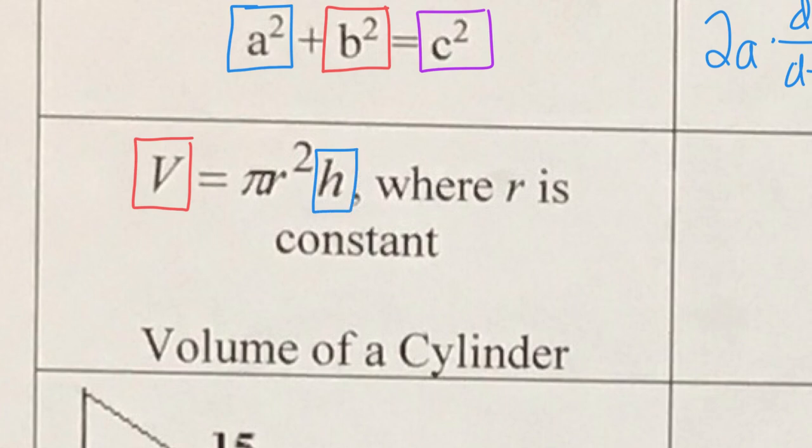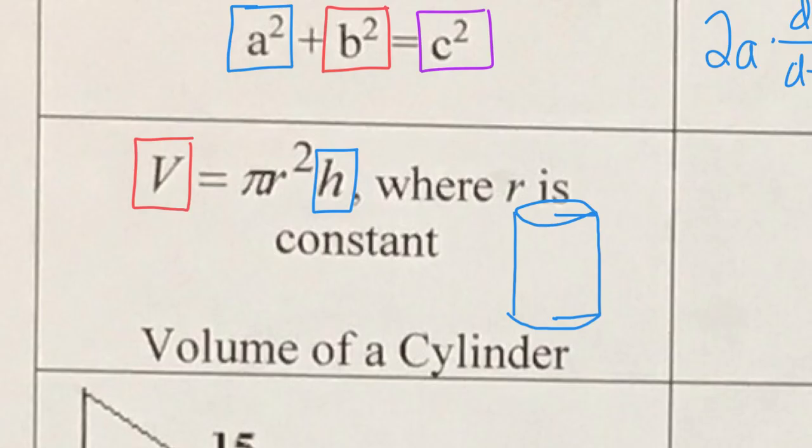A cylinder has a circular base and it has a circular top, right? So the thing that doesn't change is the radius. The radius is the same at the top as it is at the bottom, or it wouldn't be a cylinder. Okay, so radius is going to be constant. The radius of your cylinder is not going to change.